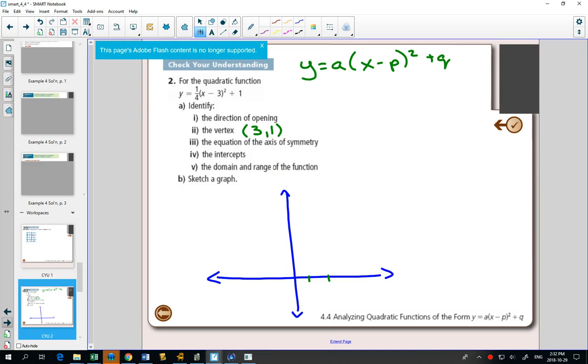And as far as graphing, what's that? No, positive 3, 1. It is x minus 3, but whatever's inside, from the math lab, was switched. Because what would make this 0 in here? A positive 3. So we have our vertex at (3, 1).